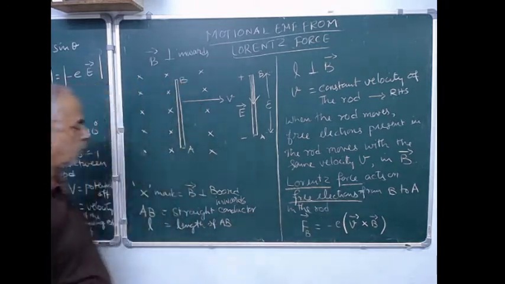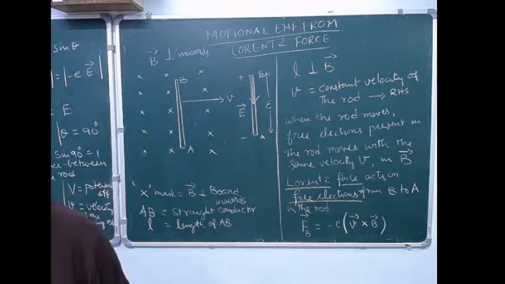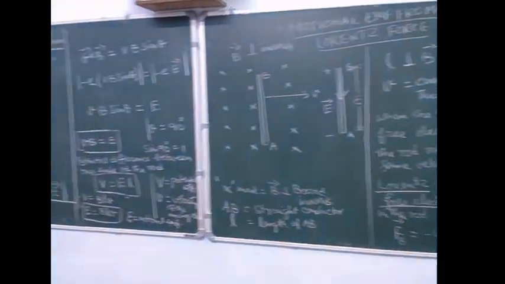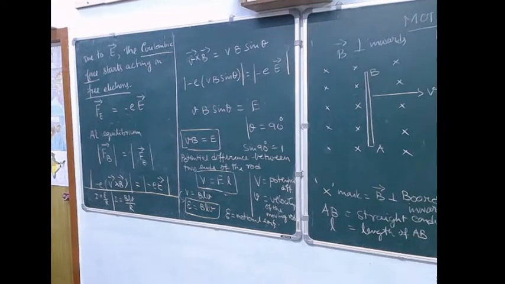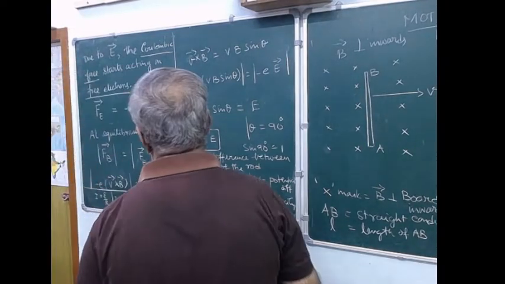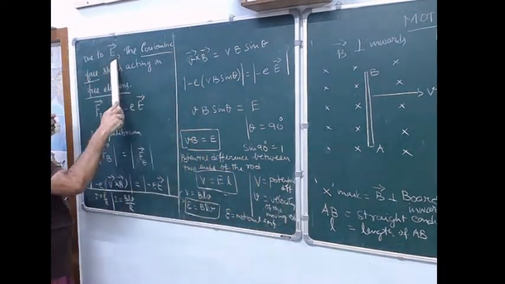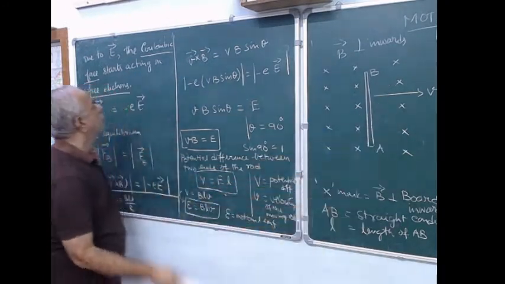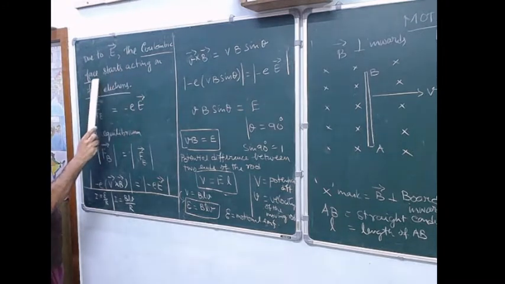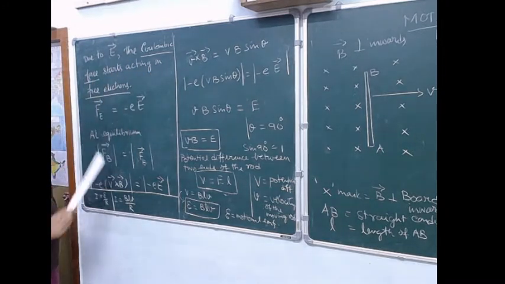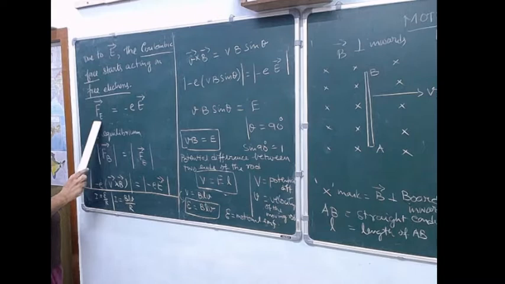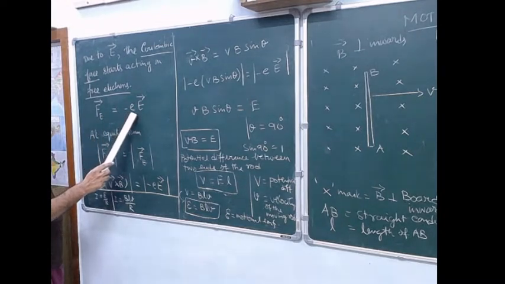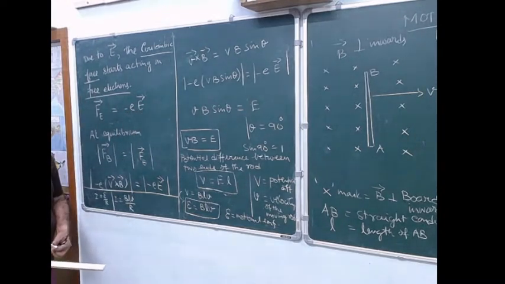Now, due to the electric field, a Coulombic force starts acting on the free electrons. This Coulombic force is represented as Fe vector equal to minus e into E, where E is the electric field.